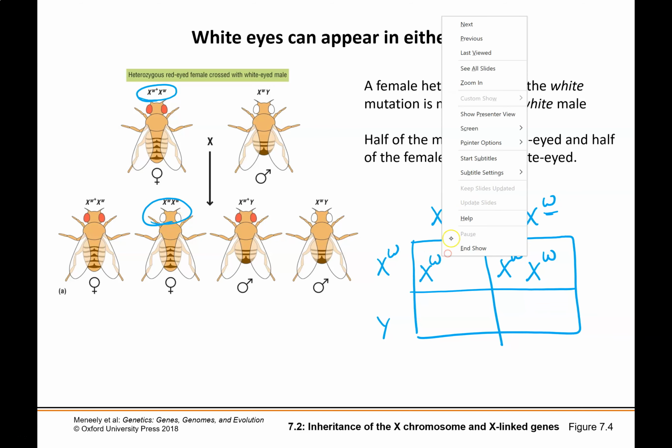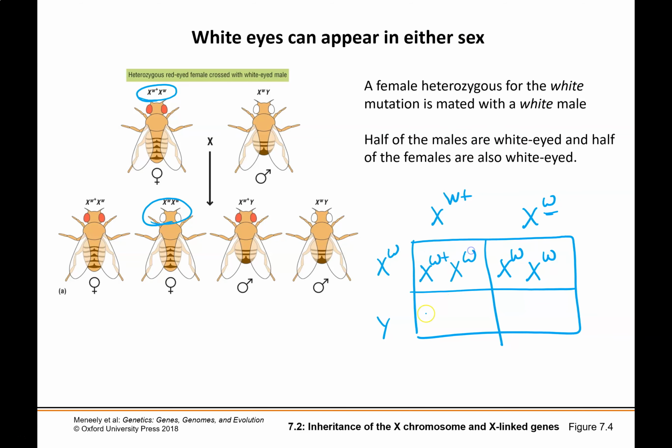Our other female is going to be heterozygous, and then for the males, we're going to have one red-eyed male and one white-eyed male. That's because the female is passing on that allele to both sexes in her children. So here we actually have a 1-to-1-to-1-to-1 ratio, one red female to one white female to one red male to one white male. And our genotypic ratios are going to be the same as well, 1-to-1-to-1-to-1.